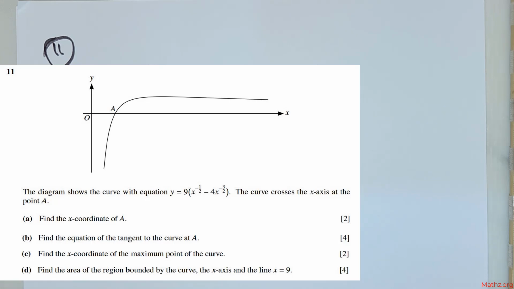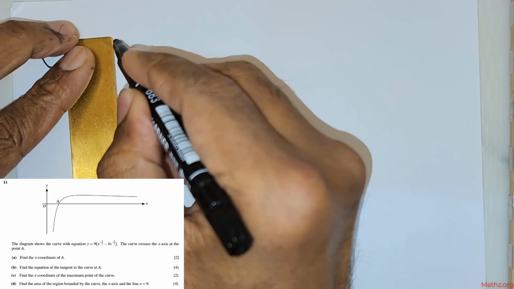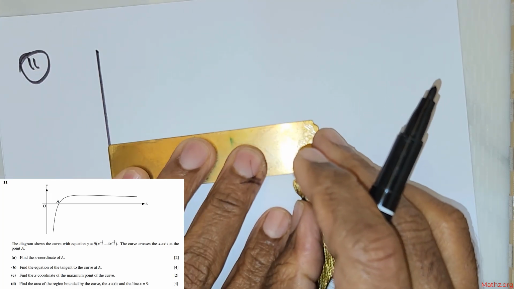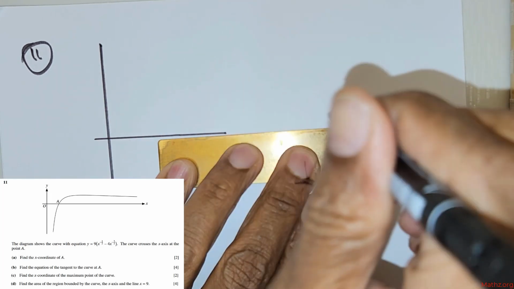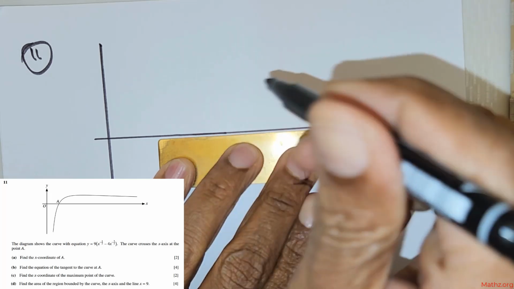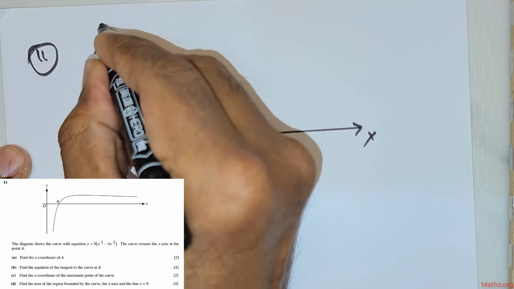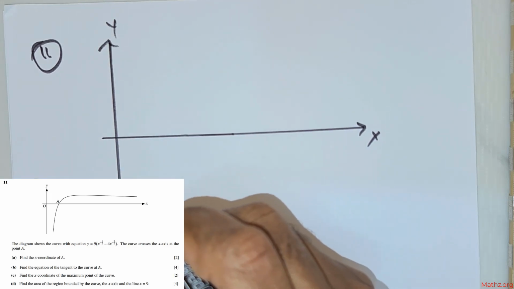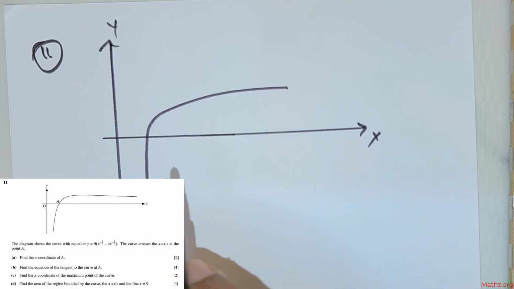This is question number 11. I have to draw the figure to explain the question. We got the x and y axis, and we have a curve that is moving like this.